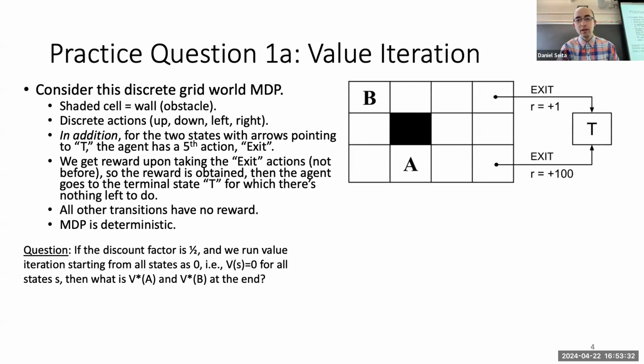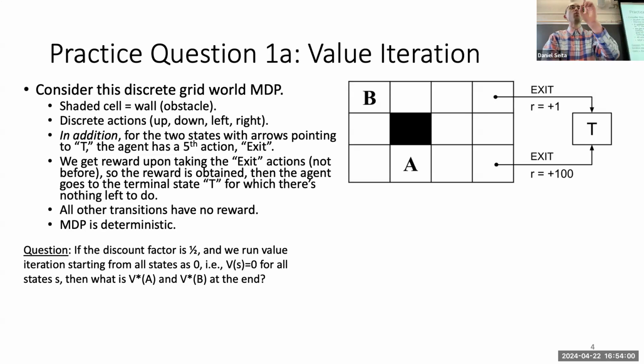Each of these that's not shaded is a valid location where the agent could go to. So if the agent or robot is at A, then if it goes up, it's just going to stay where it is because that obstacle blocks it. Same thing if it goes down, it's going to stay at the same spot. But it could move left or it could move right.